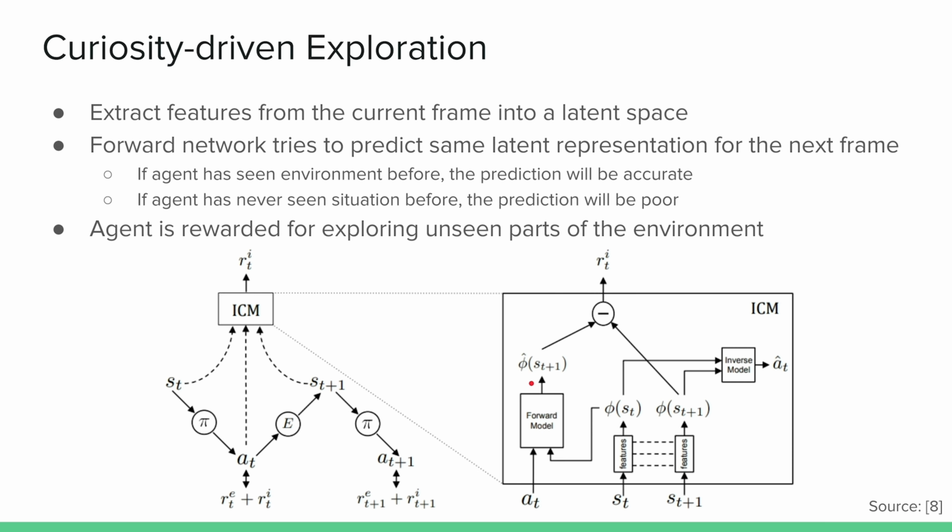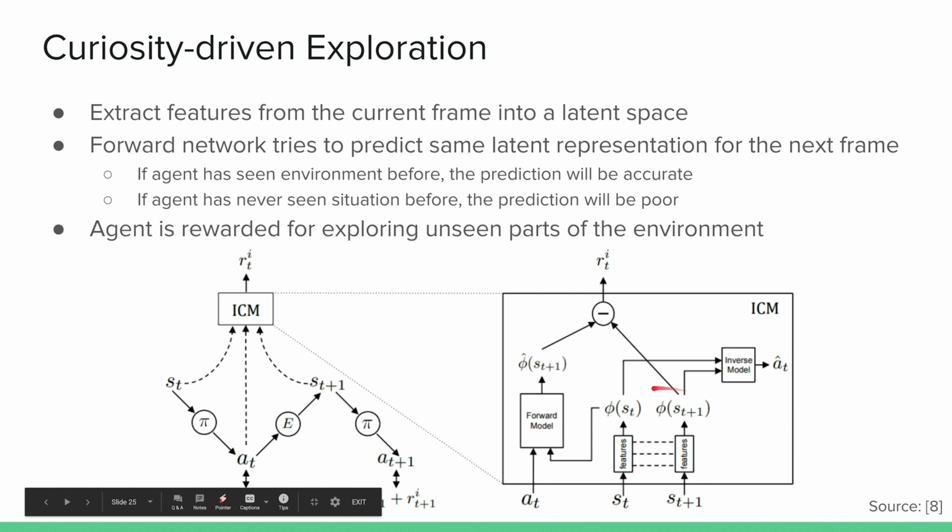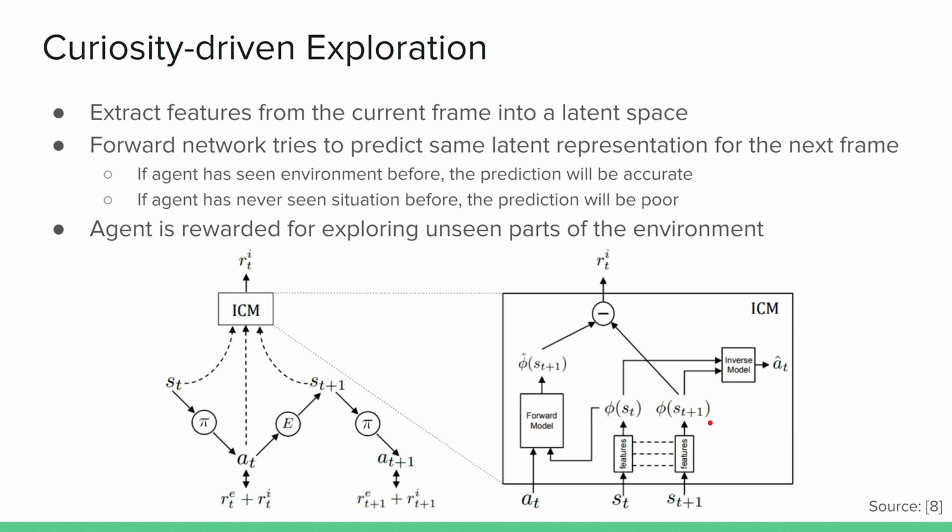And then when we roll out the policy and play the game, we actually know that feature, that representation, as well. And what is the effect of having both this latent space representation of the next state and predicting the same thing?